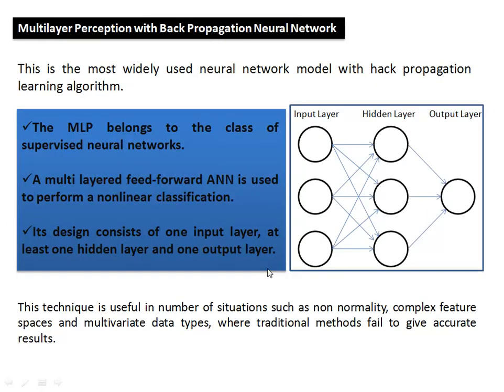The next one is very interesting, which is the multi-layer perceptron with backpropagation neural network, and you can call it an artificial neural network. This kind of technique is very useful for machine learning or deep learning. This is the most widely used neural network model with a backpropagation learning algorithm.